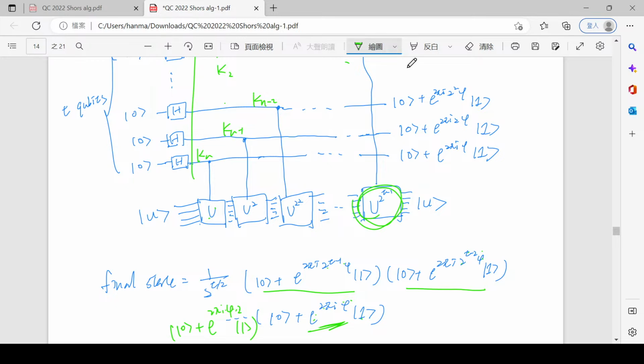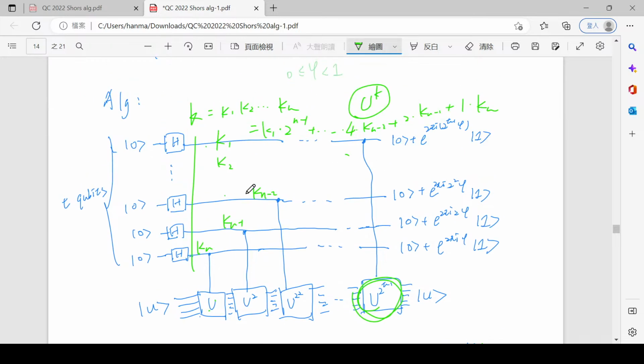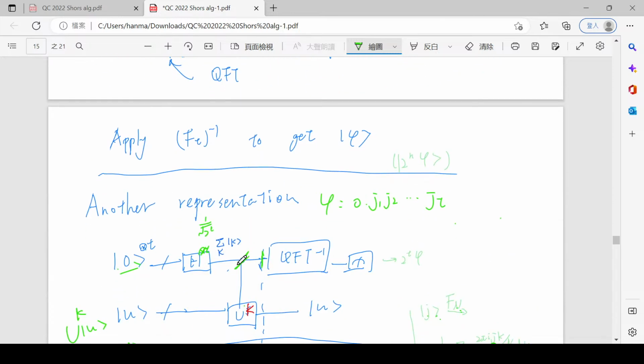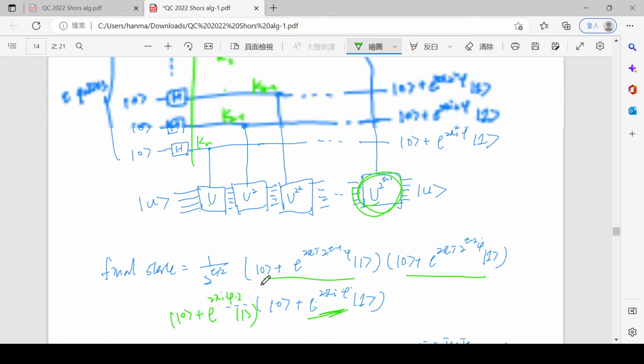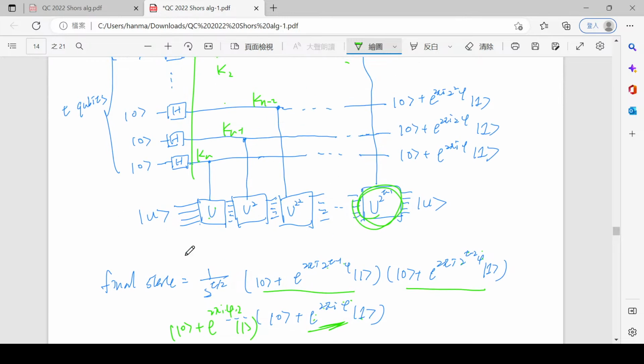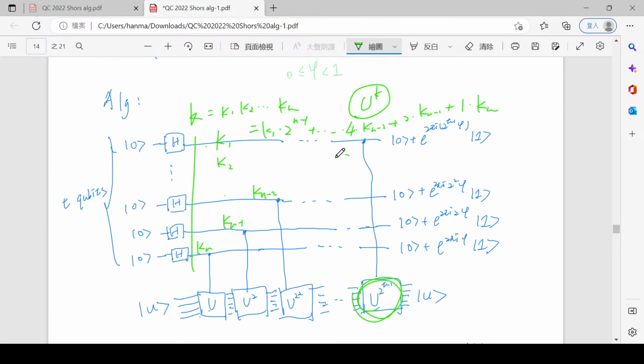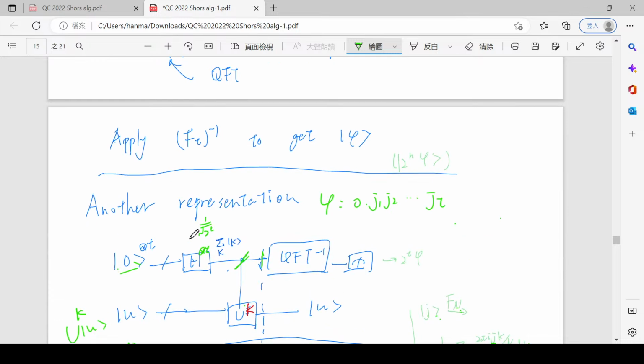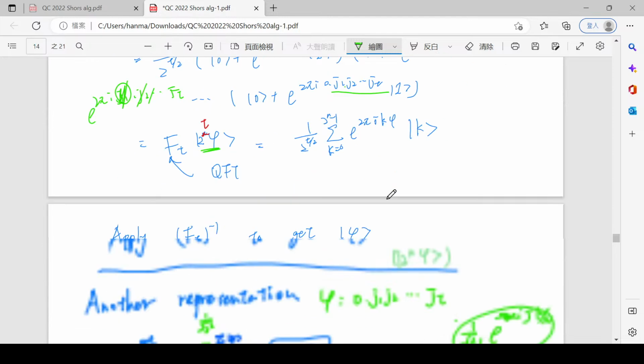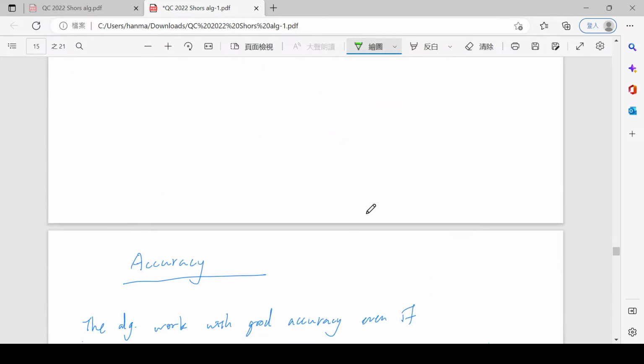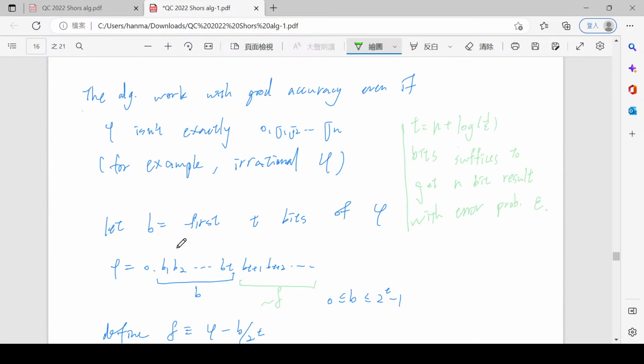And that explains a little bit of why we want to write in this form, because we find out that we can implement this U to the k in this form much faster than we expected, because we don't need to do U to the 2 to the t times. And I guess I'll talk about this first.